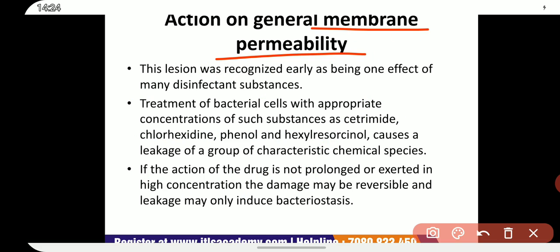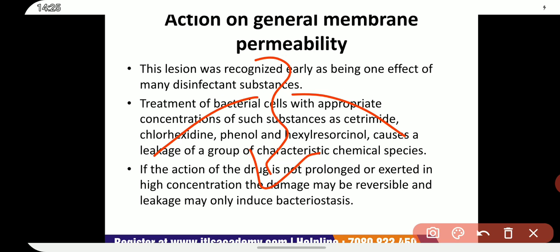It means the antibiotic acts on the permeability of the membrane, and this will affect the passage of many molecules inside and outside of the cell.